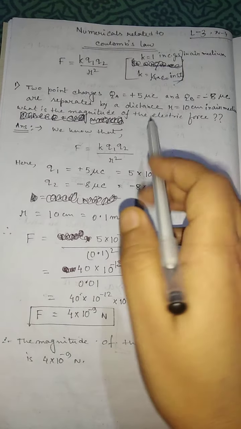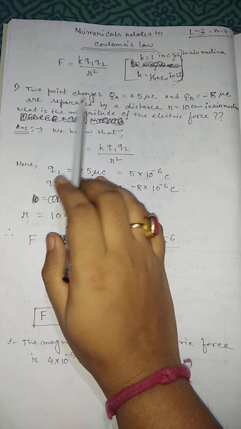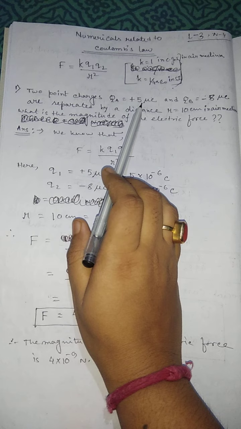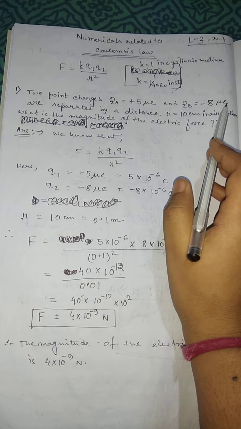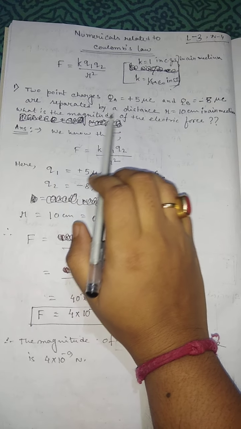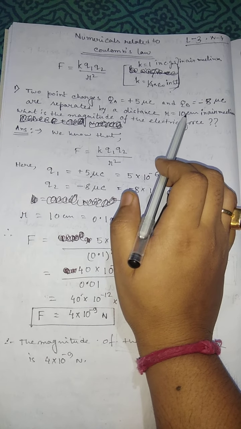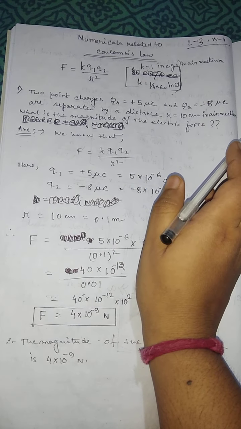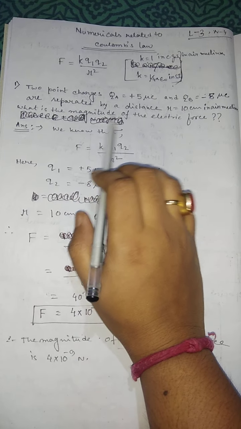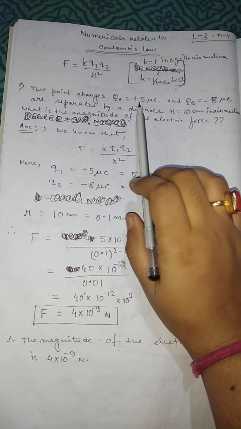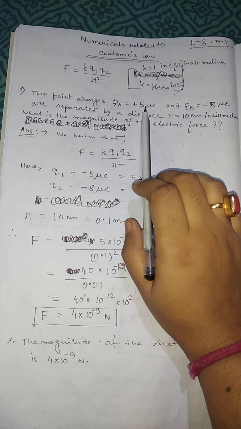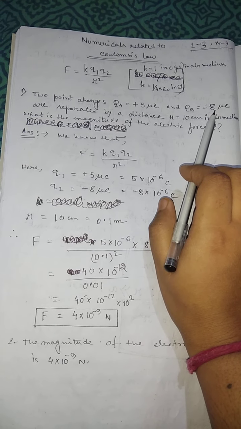Number 1. Here 2 point charges QA equals plus 5 microcoulomb and QB equals minus 8 microcoulomb are separated by a distance R equals 10 centimeter in air medium. What is the magnitude of the electric force? So two values are given, plus 5 microcoulomb and minus 8 microcoulomb.